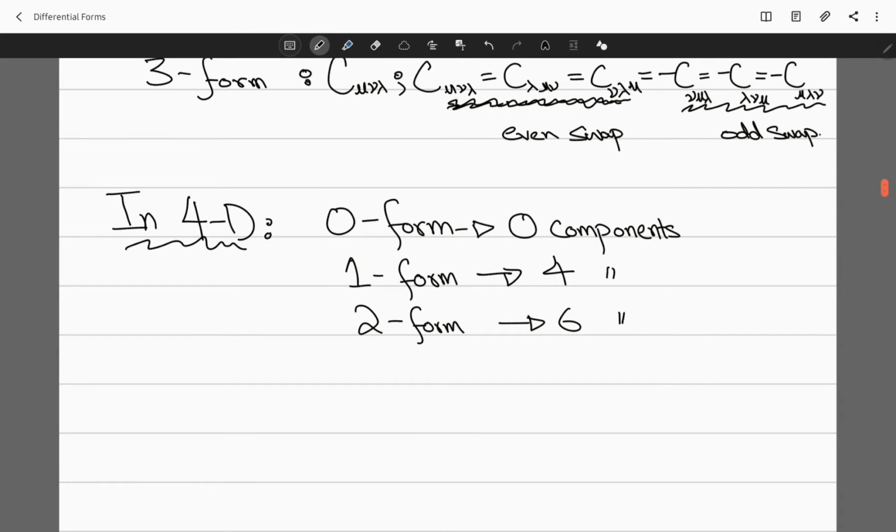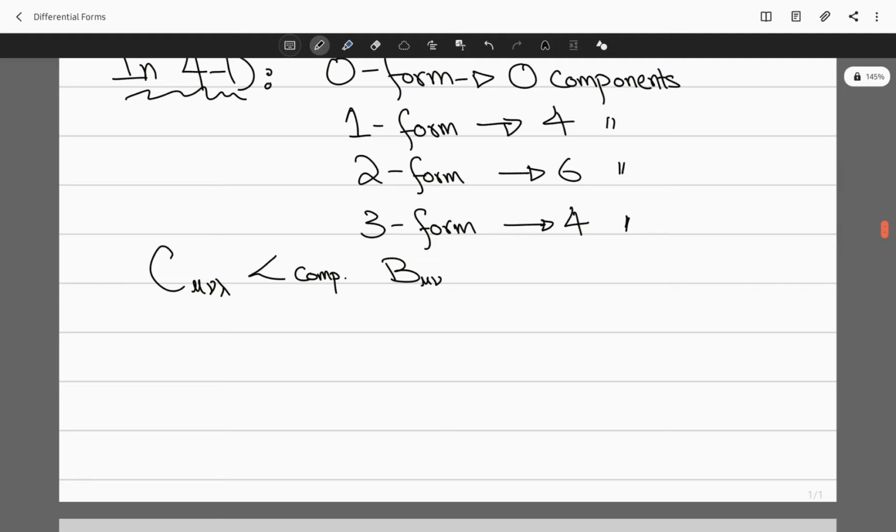Now you might see a pattern over here, but then I'll just tell you that a 3 form actually has 4 components, right? So the pattern actually failed. It turns out that C_mu nu lambda, which has more indices, actually has fewer components than B_mu nu. So a 3 form has fewer components than a 2 form, right?